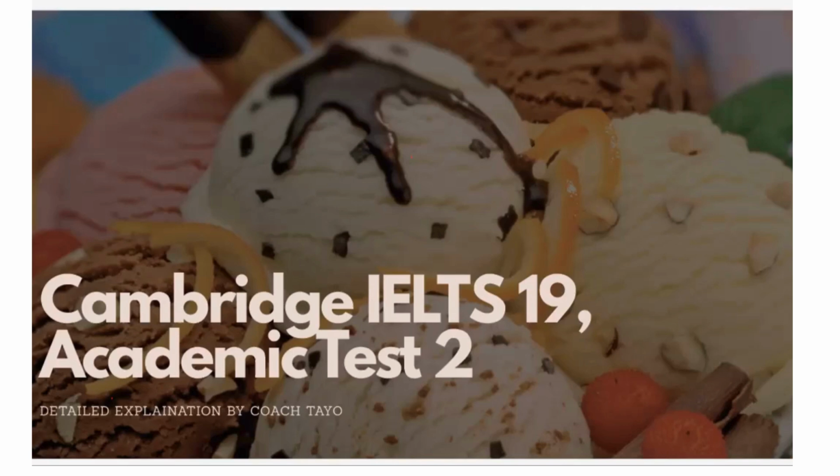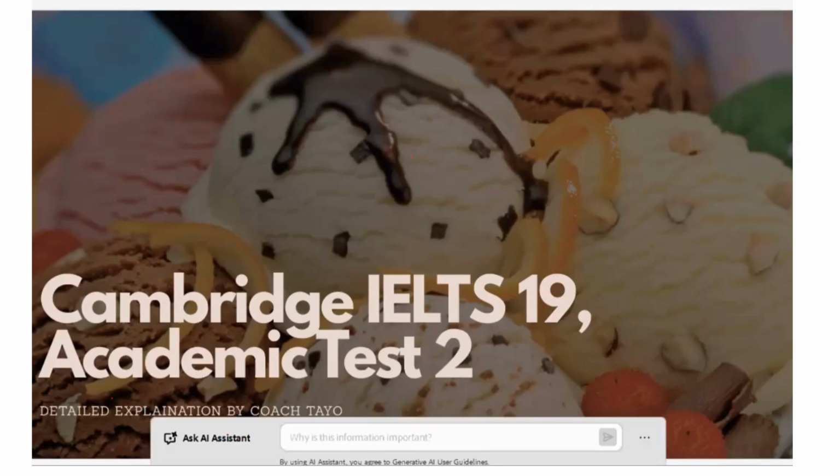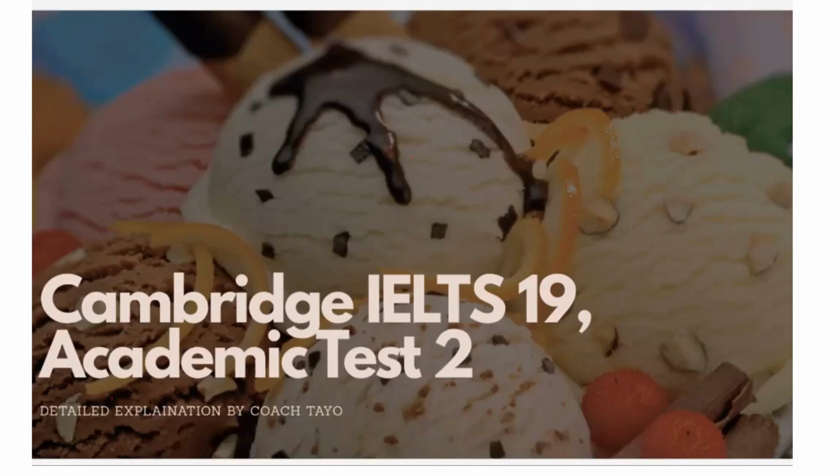Okay, that's IELTS reading. Now, when it comes to IELTS Academic and IELTS General, there are some differences in the way the passages are designed. Okay, so what are the differences? The first difference is that what?